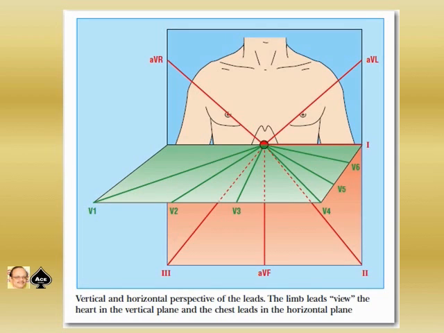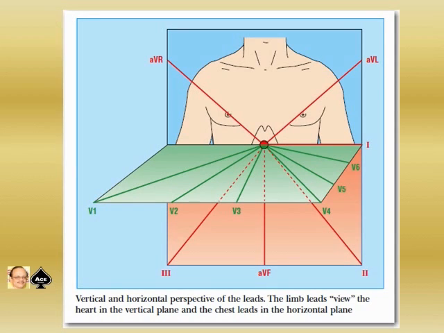This picture shows the vertical and horizontal perspective of the leads. The limb leads view the heart in the vertical plane and the chest leads view the heart in the horizontal plane. You can see the vertical plane from your right side in the clockwise direction.